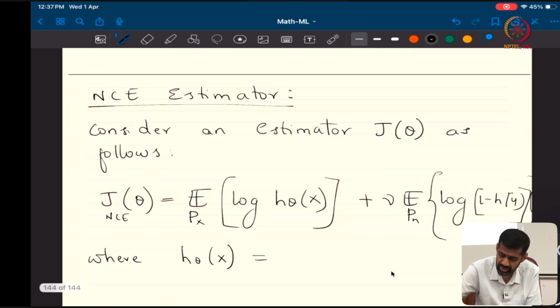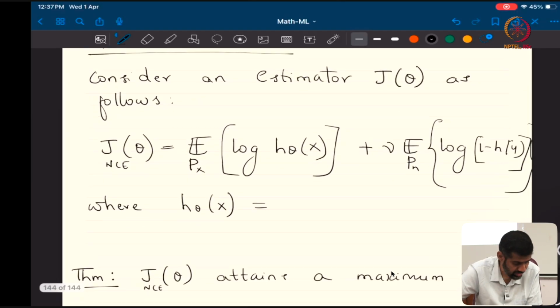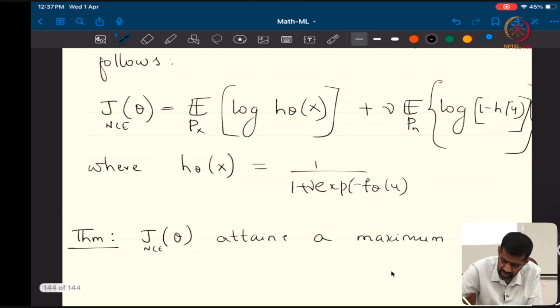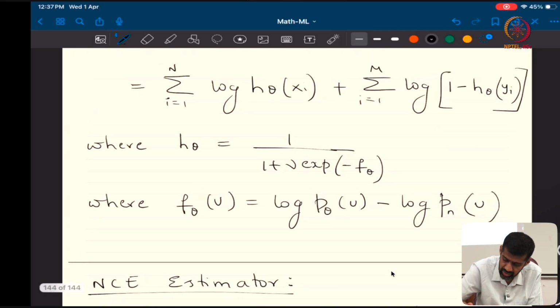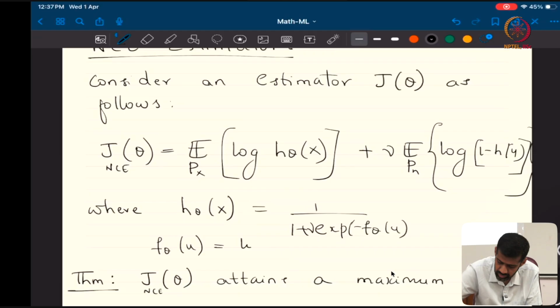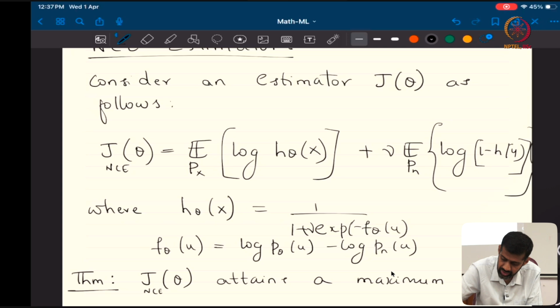So, the same definition that we have, where h theta is given by 1 by 1 plus nu times e power minus f theta of u, and f theta of u was the difference between log of p theta of u minus log of Pn of u, correct. This was the definition.